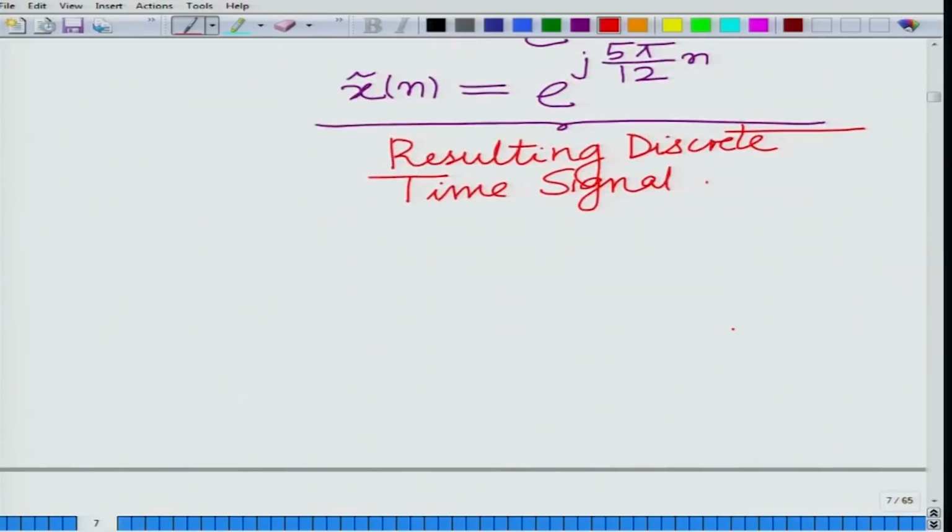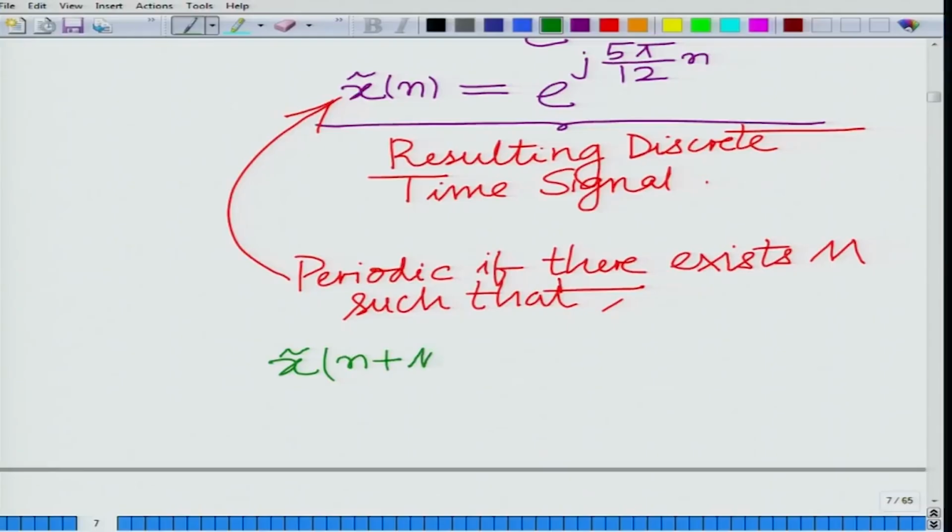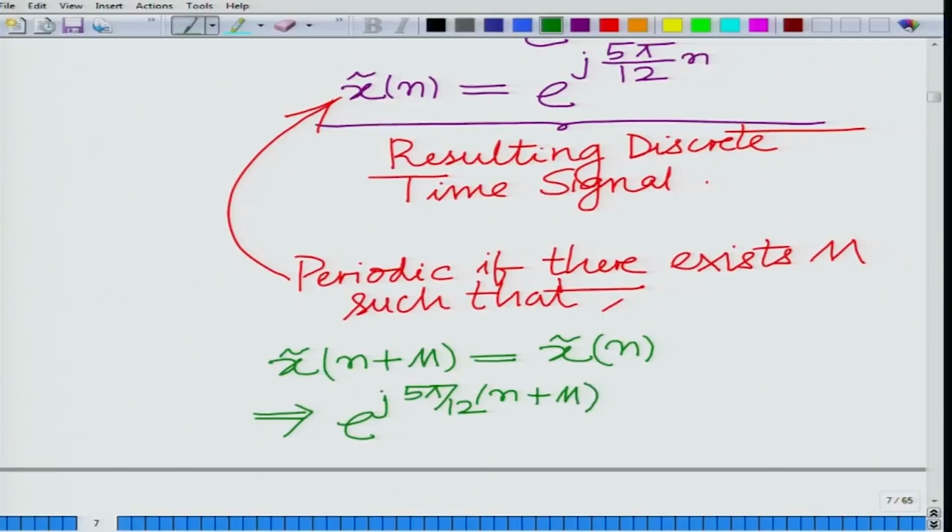Now this is periodic if there exists m such that x tilde of n plus m equals x tilde of n, which implies e to the power of j 5 pi by 12 into n plus m.